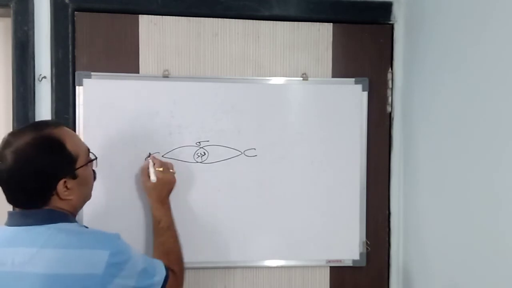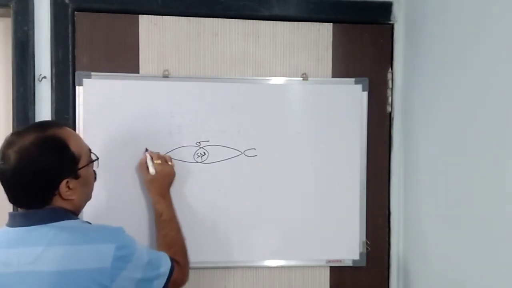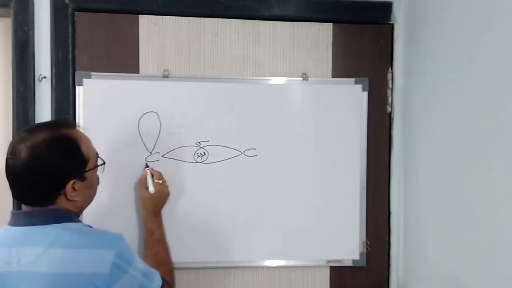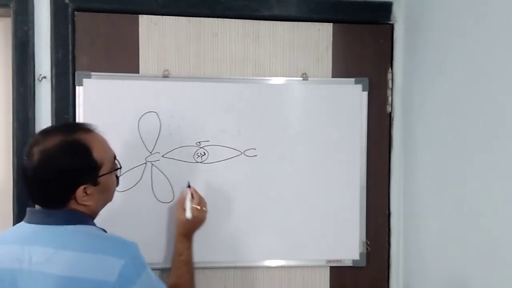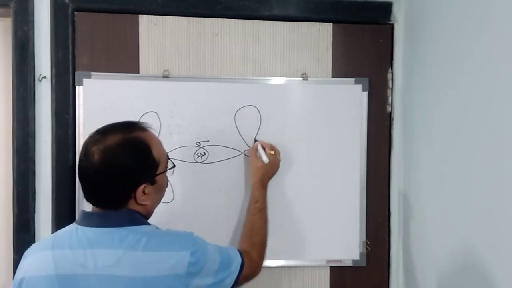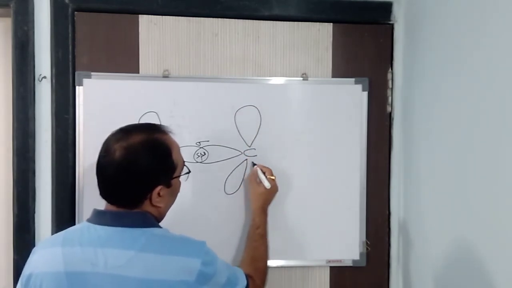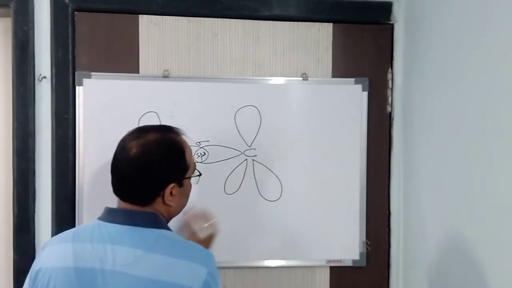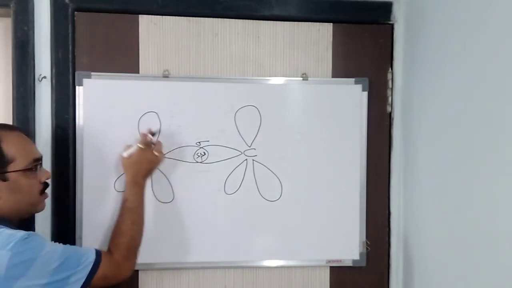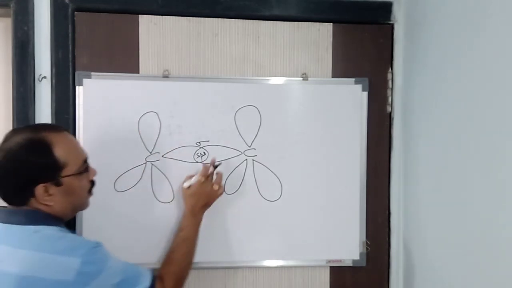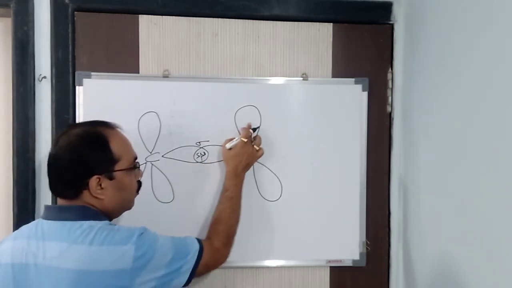Clear? Now it is 2px, 2py and 2pz, let us say. Here also the same thing: 2px, 2py and 2pz. Now for the carbon atom, this is 2s, 2px, 2py, 2pz. This is another carbon atom, 2s, 2px, 2py, 2pz.